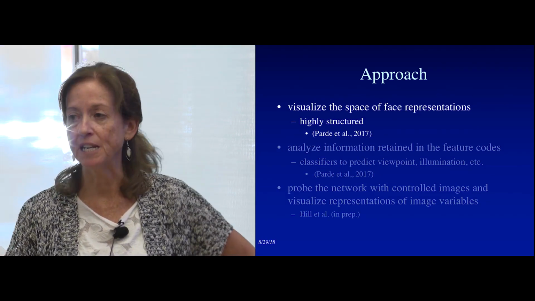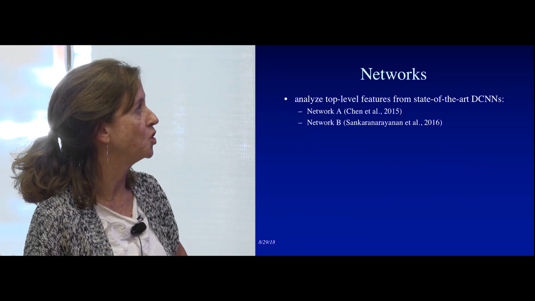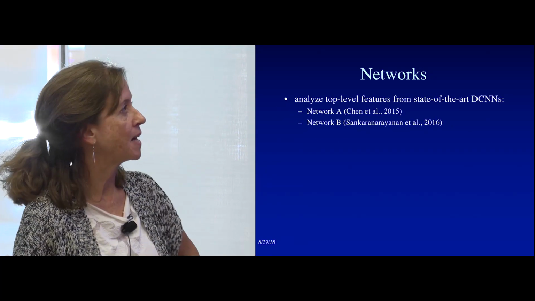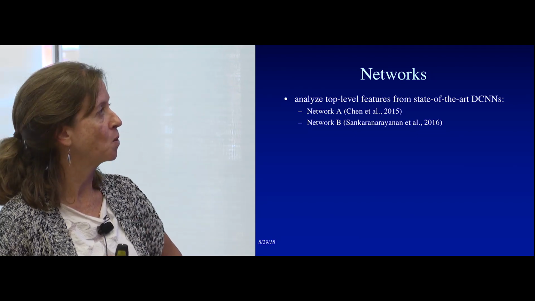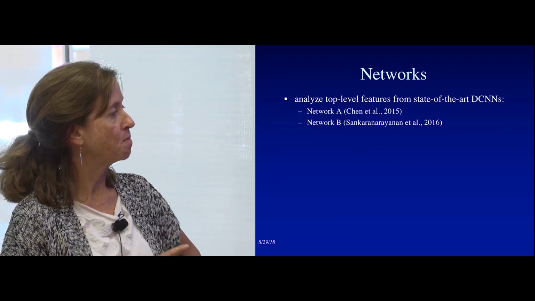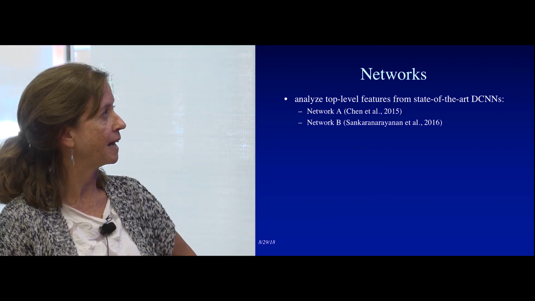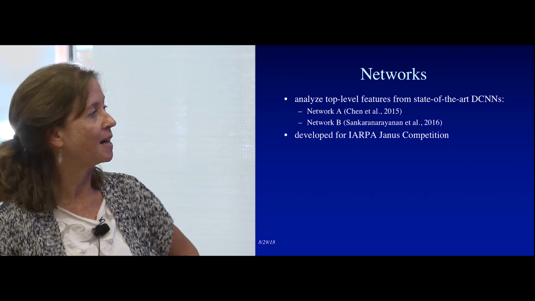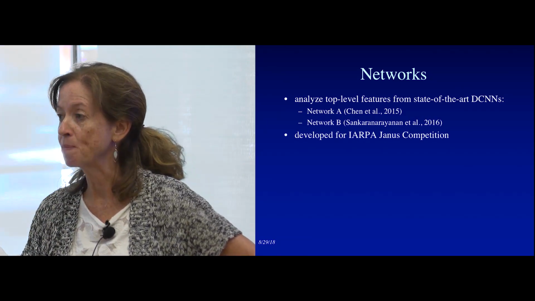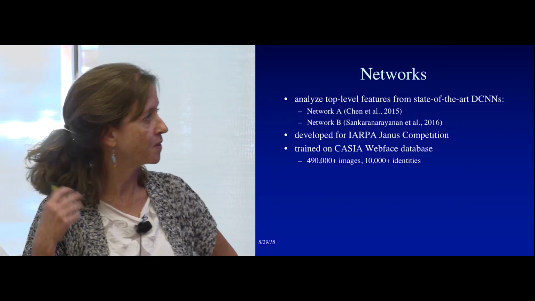Okay, so visualization was the first thing we tried, and this was fun to do. So we analyzed top-level features from 2, at the time, state-of-the-art DCNNs. Both of these are University of Maryland algorithms, Chen et al. 2015 and SwamiNet 2016. Sorry, that's what I have to call it. These were developed for the IARPA competition, which Carlos will talk about a little bit after this talk.